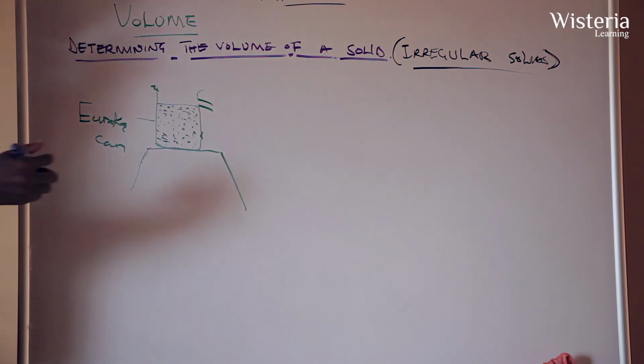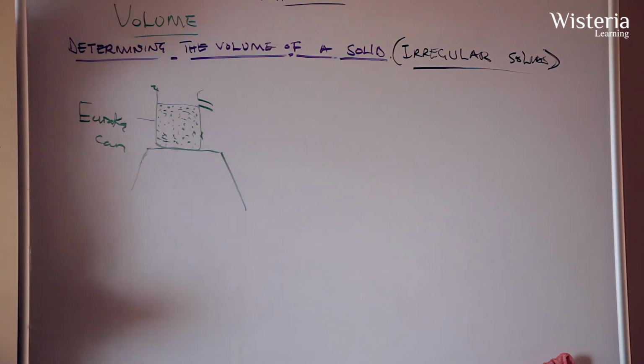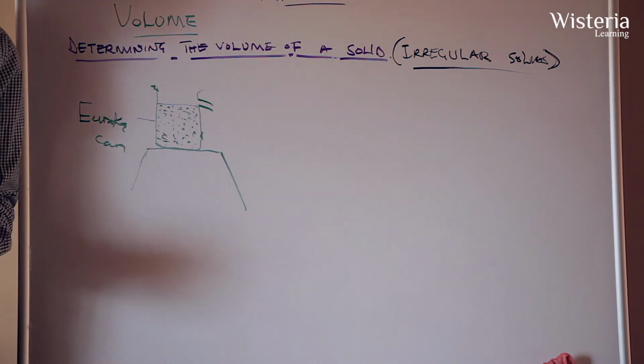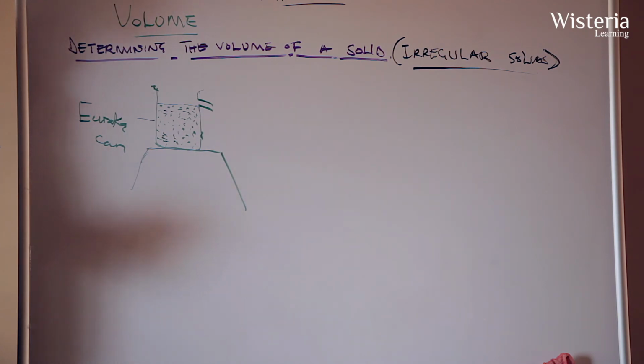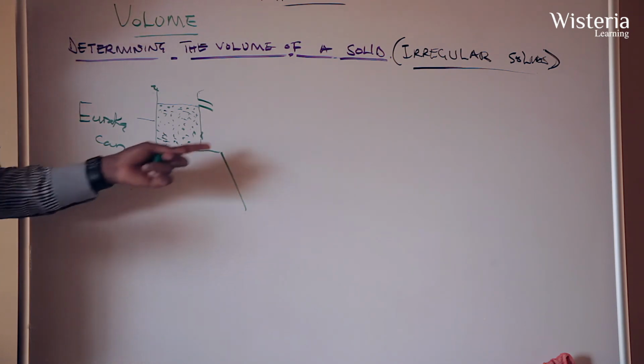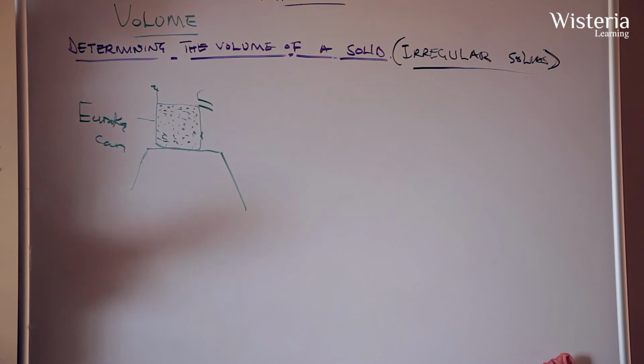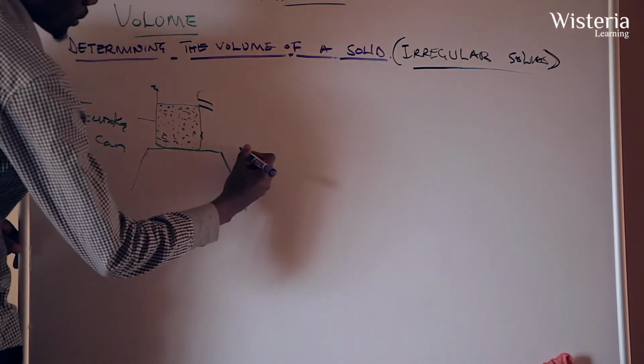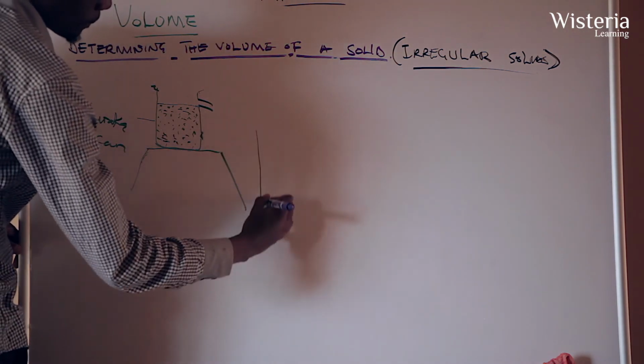And once the water stops dripping, you get the stone which you want to determine the volume for, tie it with a string and gently lower it into the Eureka can. But before that, you need to place a measuring cylinder under the spout.